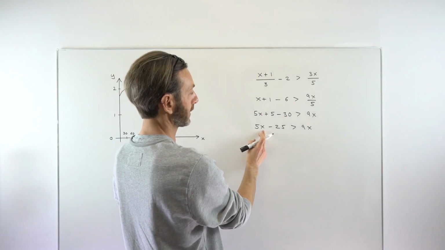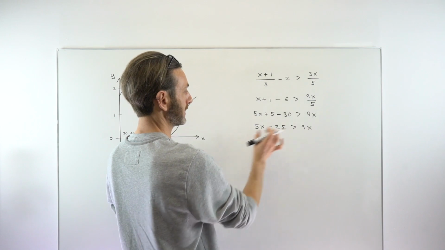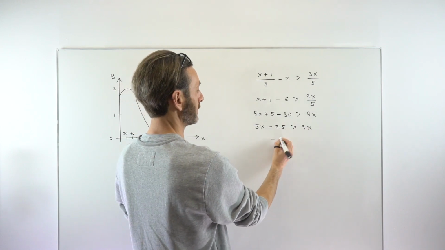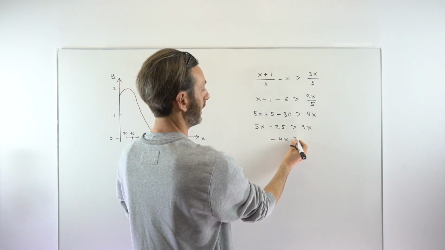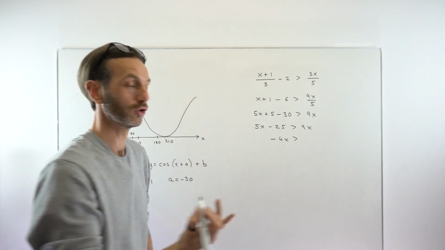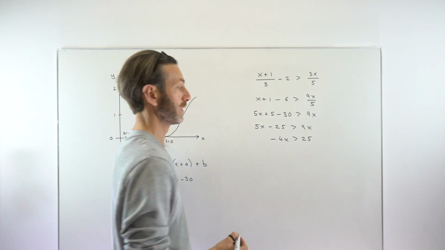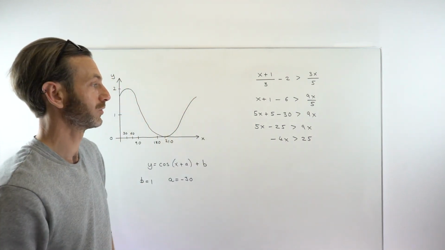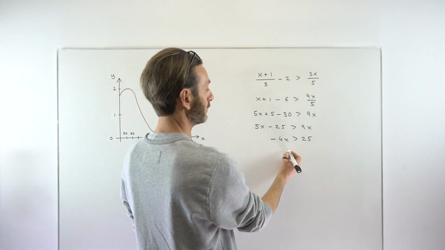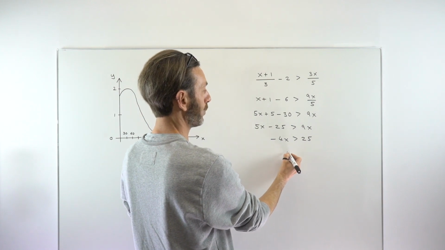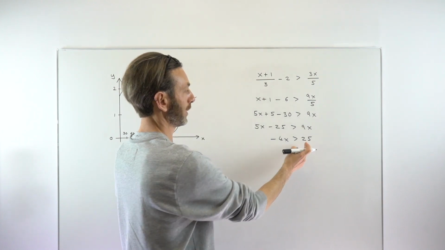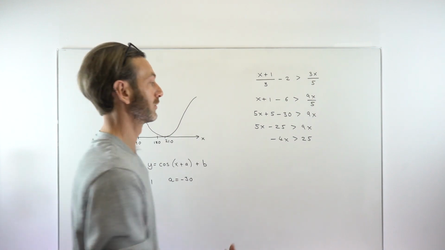So 5x minus 9x, by subtracting 9x from both sides, is going to give minus 4x. Adding 25 to both sides, you can do that in the same line of working, we'd give the positive 25 on the right hand side. So it comes out to be like that. And then we just need to divide both sides by negative 4. Slightly awkward in this case because 25 doesn't actually divide by negative 4.